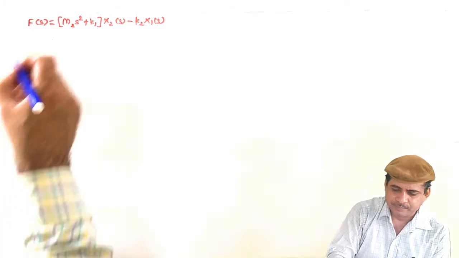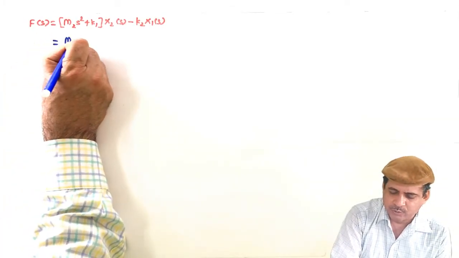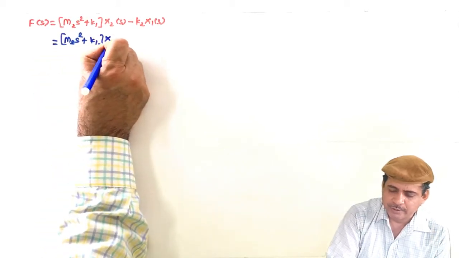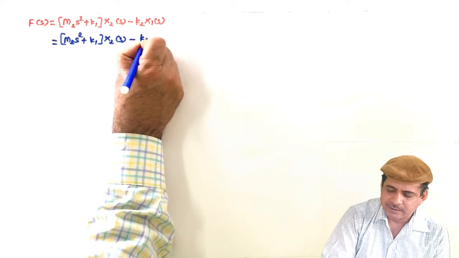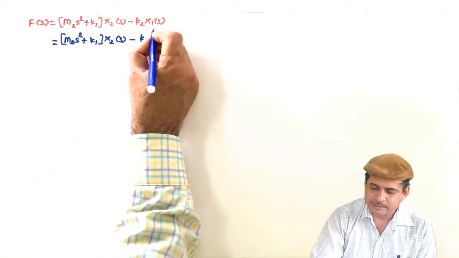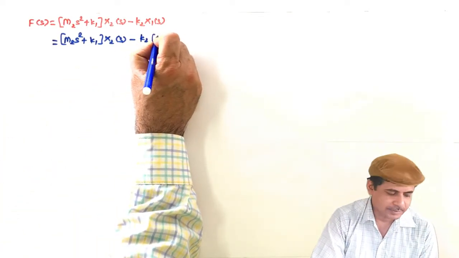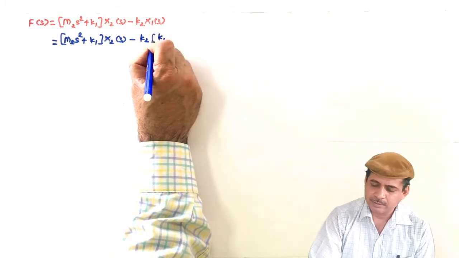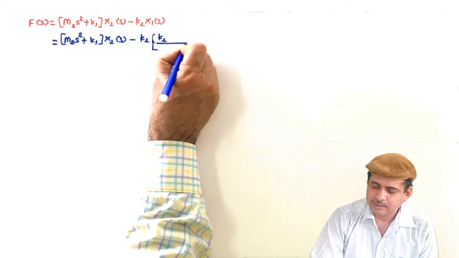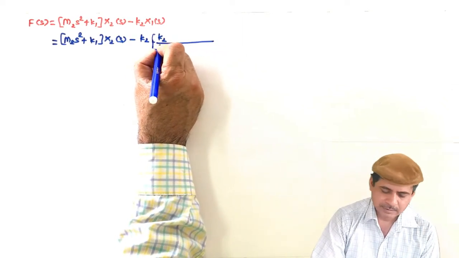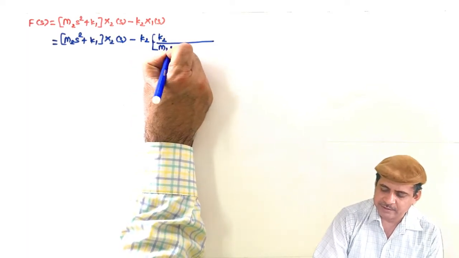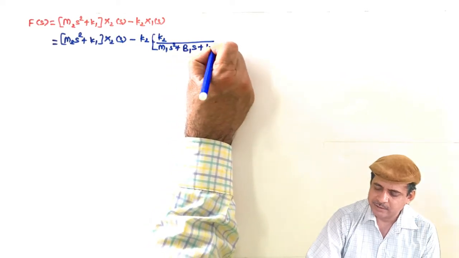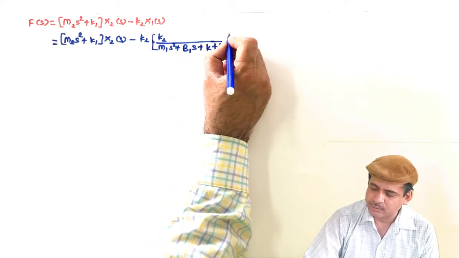So what is x1 of s? F of s is equal to m2 s square plus k2 into x2 of s minus k2 into x1, and x1 is k2 divided by m1 s square plus b1 s plus k1 plus k2 into x2 of s.